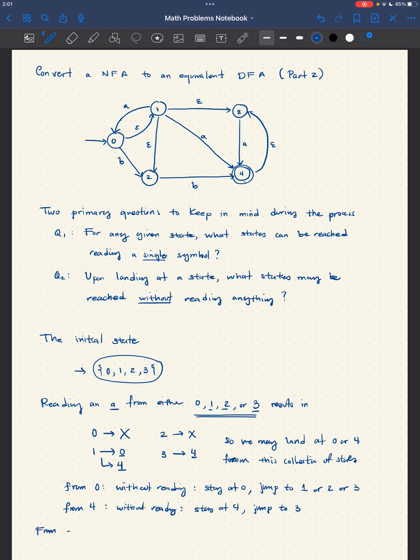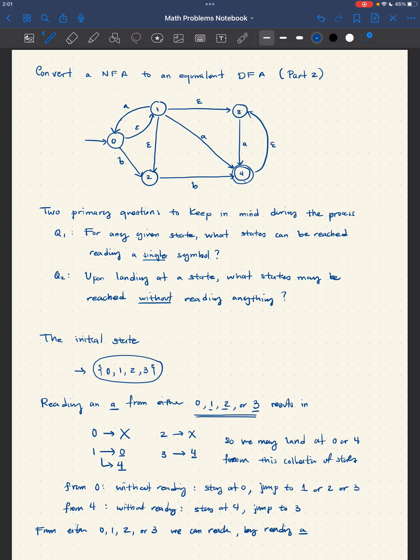From either 0, 1, 2, or 3, we can reach, by reading an A, what states? Well, I'm going to put them in a list, and then we're going to simplify that list. Those are the things that we can get.